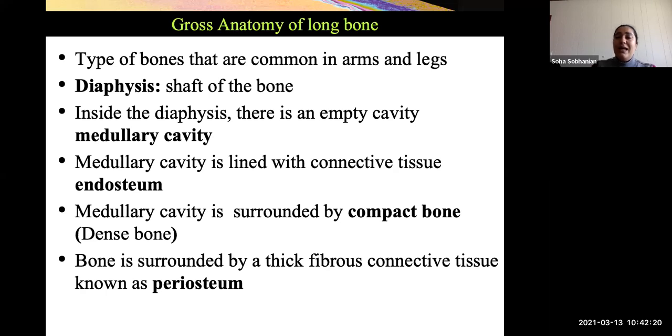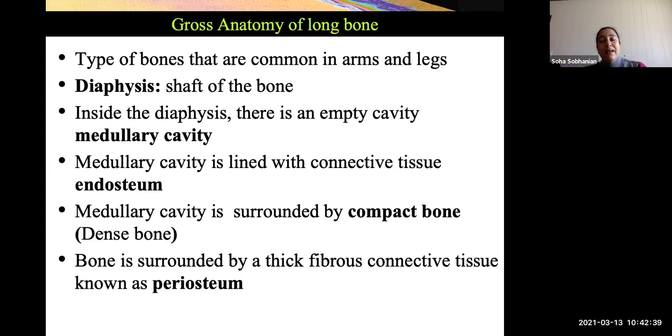Pay attention to this, guys. This is gross anatomy, or macroscopic anatomy, which means if I take a bone and cut through it, I can see all of the structures that I'm listing here. They're all going to be visible to us.